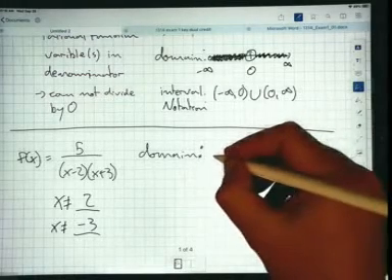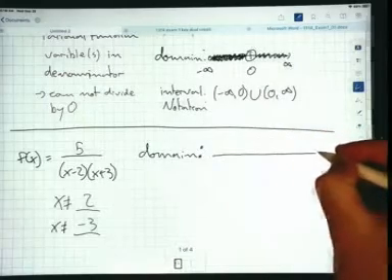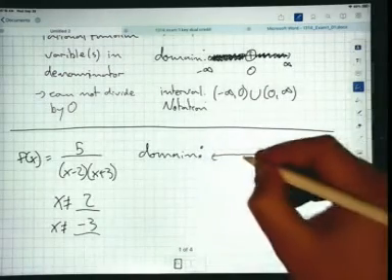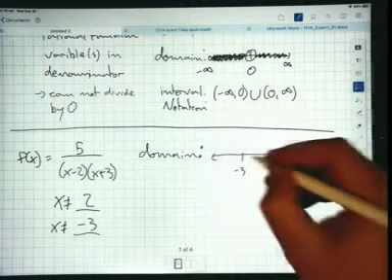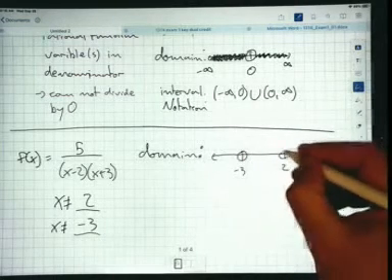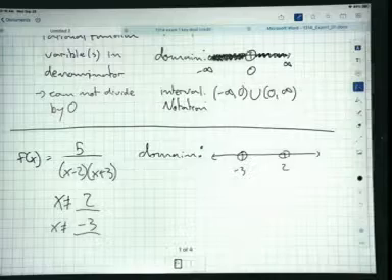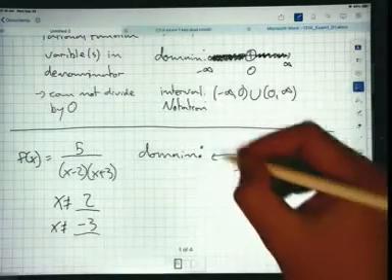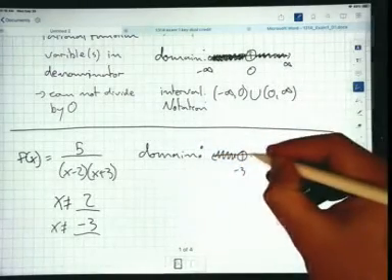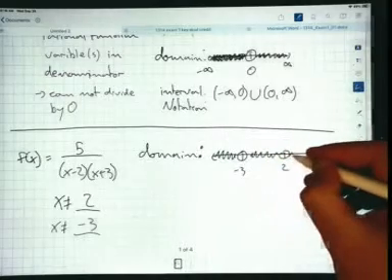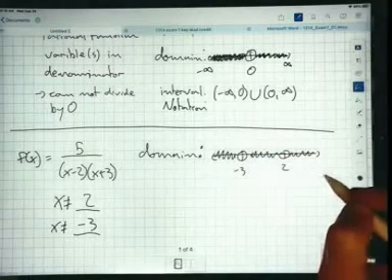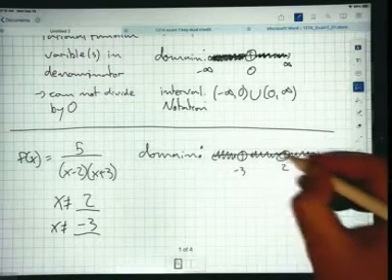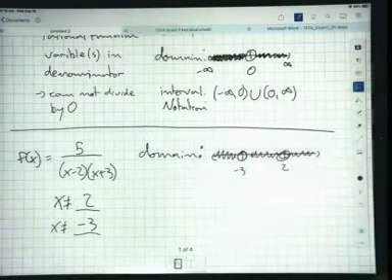So, let's reverse engineer this. So here's negative 3. Here's 2. So I'm going to put open circles around negative 3 and positive 2. I'm going to shade everywhere in between and beyond. So this graph represents my domain. Those are big open circles right there.